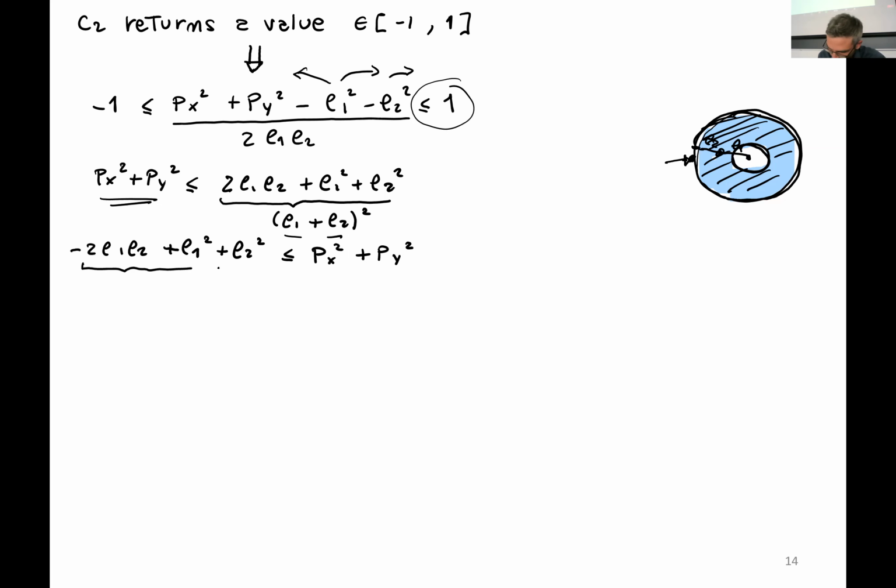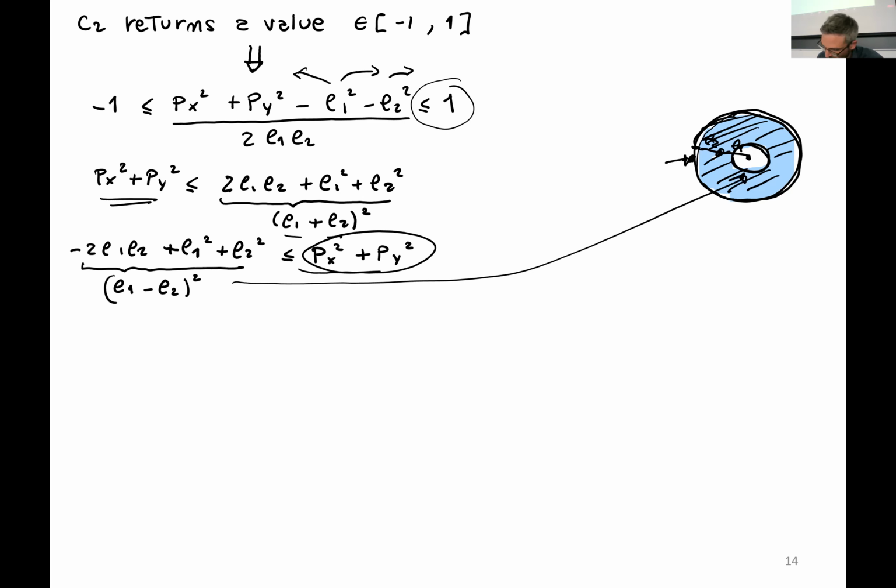And this, again, if we look better at this, is L1 minus L2 squared. That is exactly saying that the norm of the position of the end effector should be bigger than this, because this is, you remember, the difference between the link lengths.